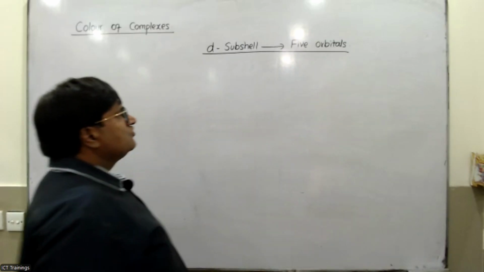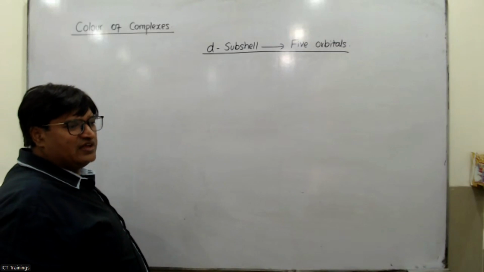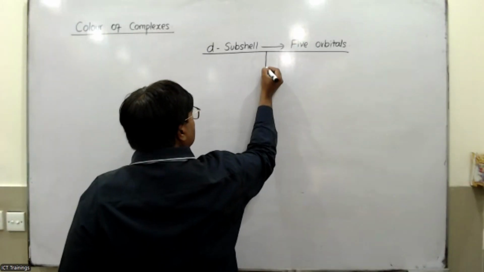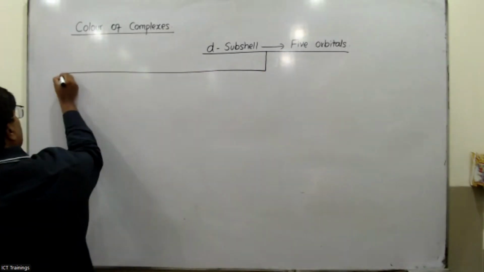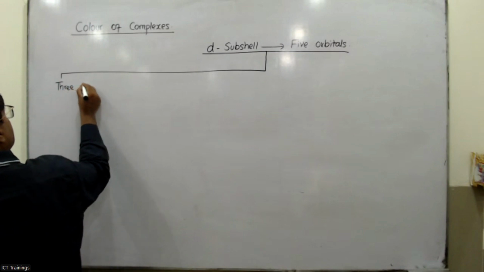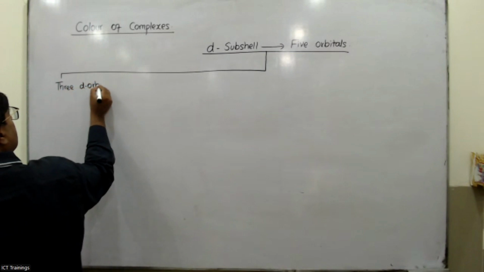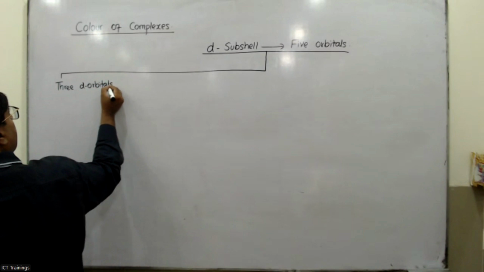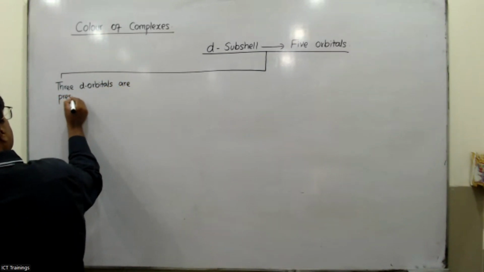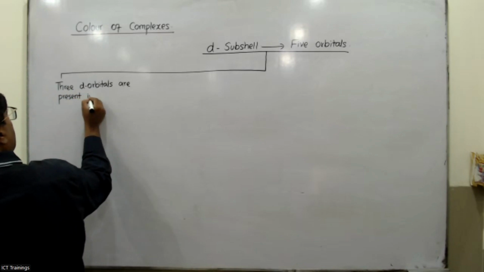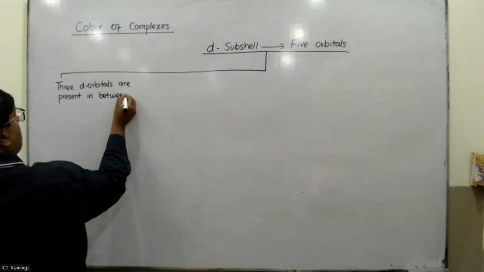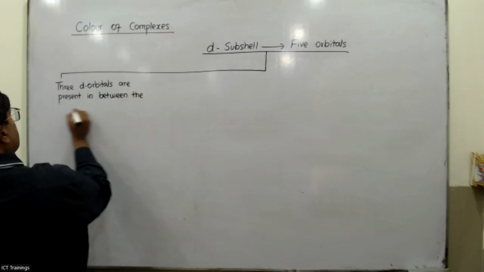Out of these five orbitals, the three d orbitals are present in between the axis.